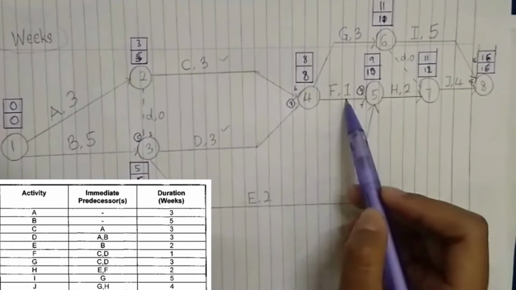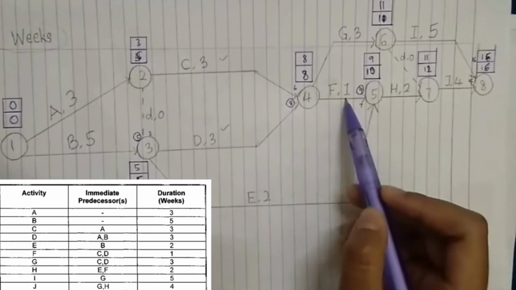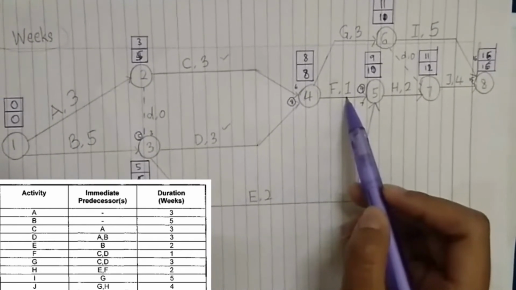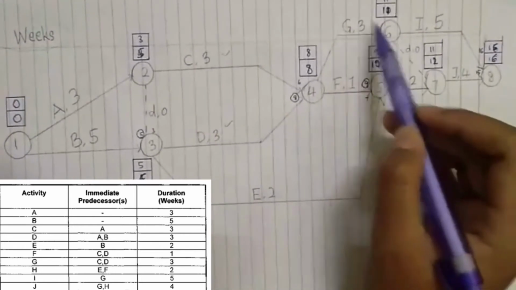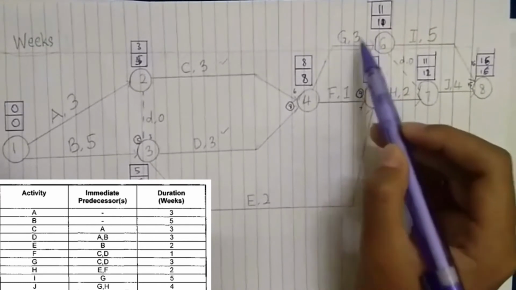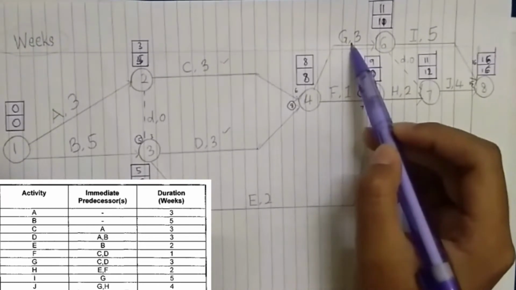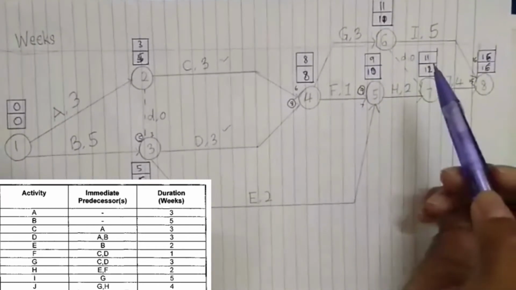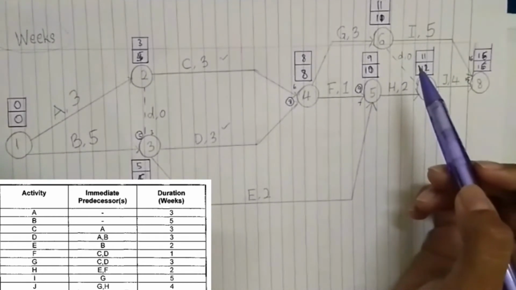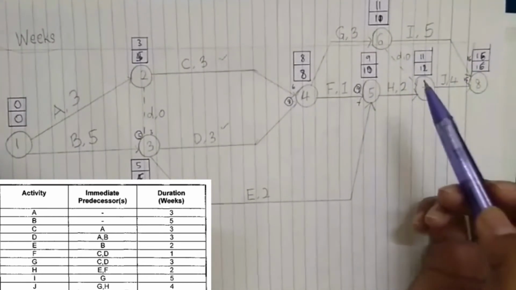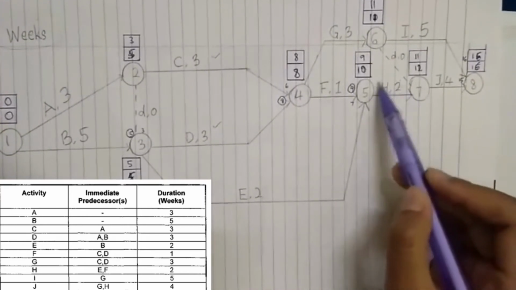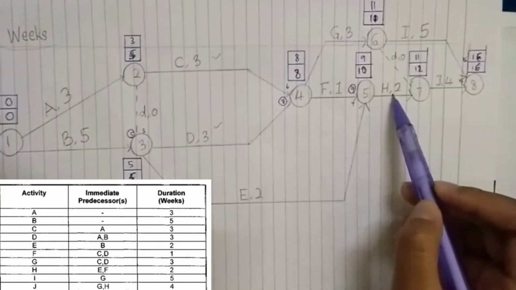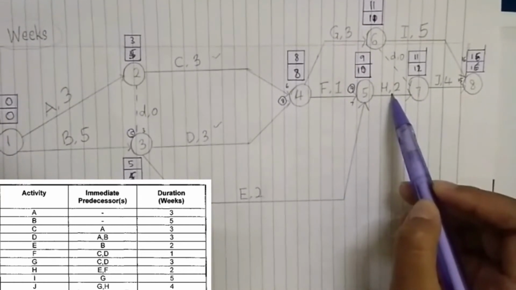And also G came from C and D. So G, we make it like this, with the duration of 3 weeks. After G, H activity came from E and F. So this is H with the duration of 2 weeks.